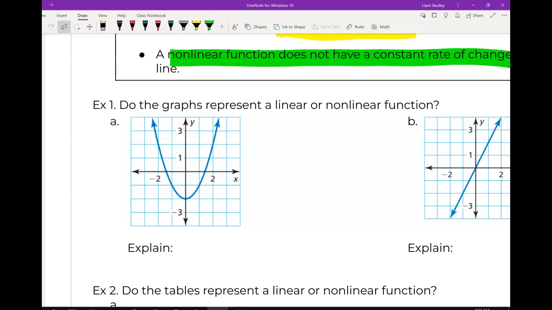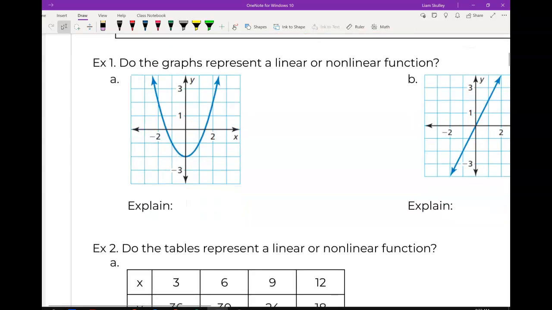As you reach the bottom, you'll slow down. As you go back up, you won't go as fast. There's not a constant rate of change through here. It's also not a straight line. So this is not a linear graph. For explanation, we could say it's not linear, and our explanation would just be, it's not a straight line.